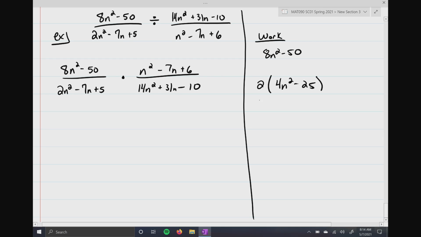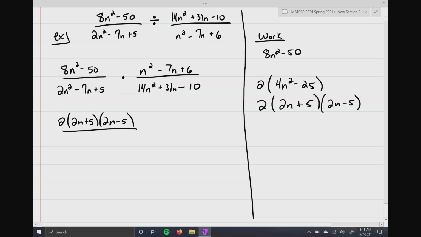So 2n plus 5, 2n minus 5. I told you, I'm going to hide that difference of squares somewhere in the problem. It's going to be there. So make sure you're aware of that. All right, so there's the numerator. Are there any questions with that?